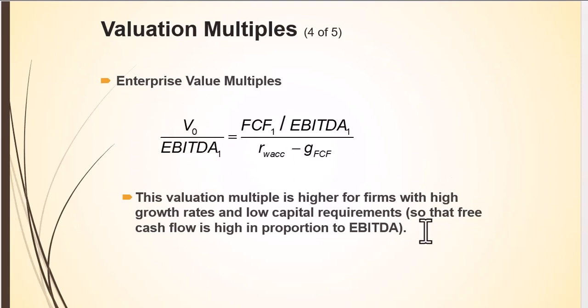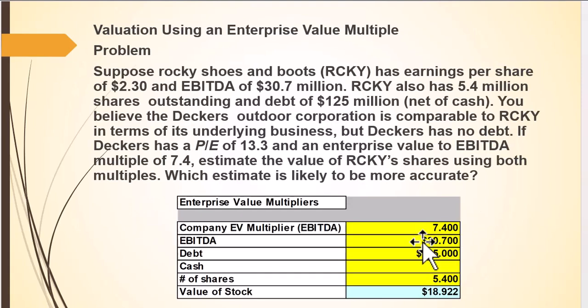Again, estimate EBITDA for next year. Multiply by that number, and you'll end up with a value for the firm, not for the stock, for the whole firm. And then, of course, you work your way down to find the number of shares. So in this case, we have the enterprise value multiplier 7.4.